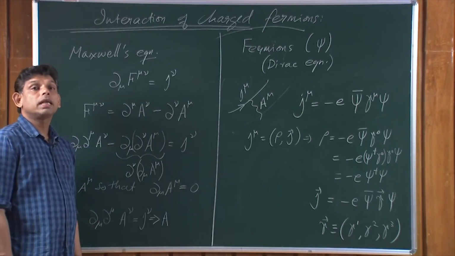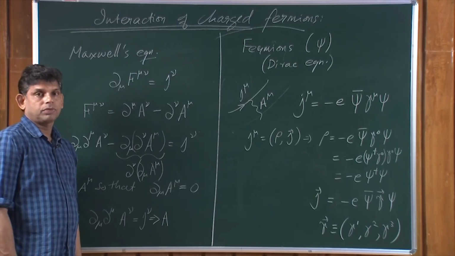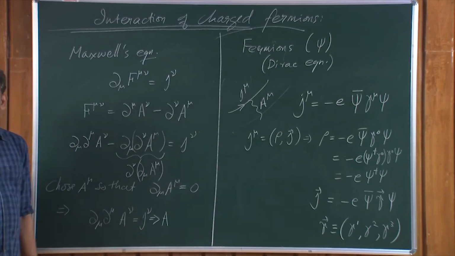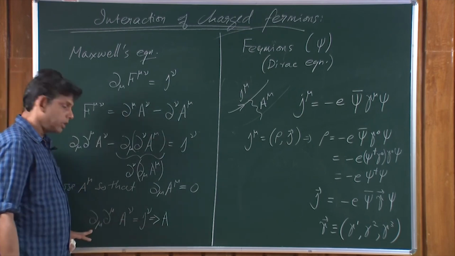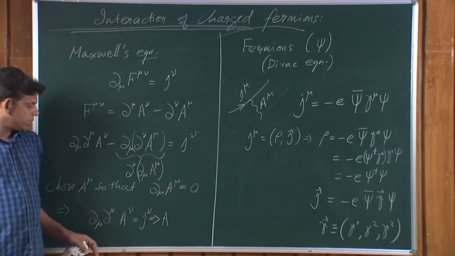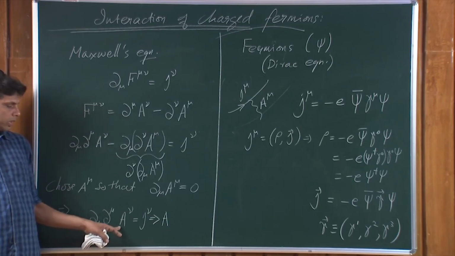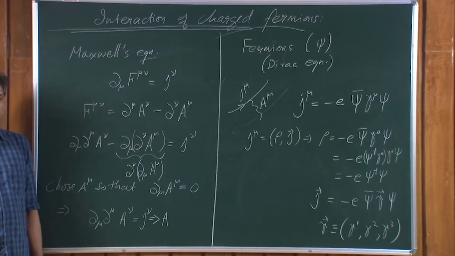Now, what is that electric field? That is represented by A. How does it behave? That is dictated by this equation. So, can we say what is the different type of A mu? Yes.